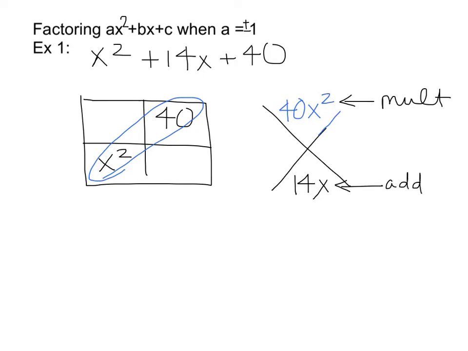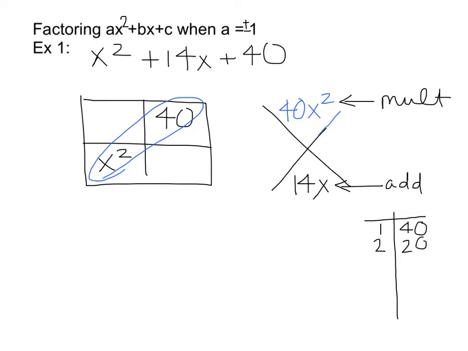So some of you guys may be able to come up with the numbers that multiply to 40 really easily. Otherwise, if I was you, I would suggest making a table of values, and I would start with 1. 1 times 40. There's no way those two numbers are going to add or subtract to give me 14. So then there's 2 times 20.